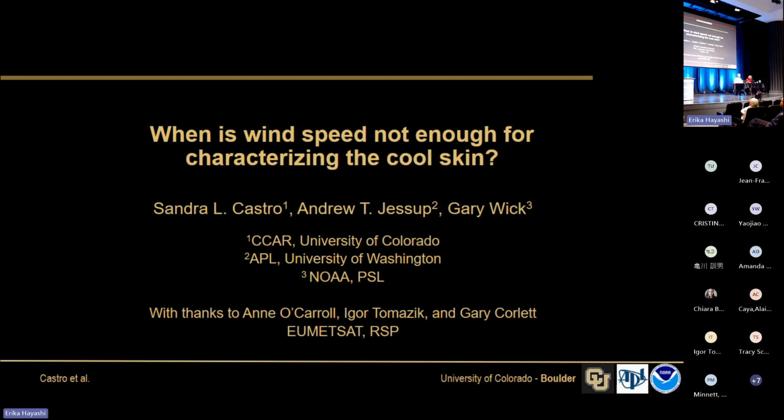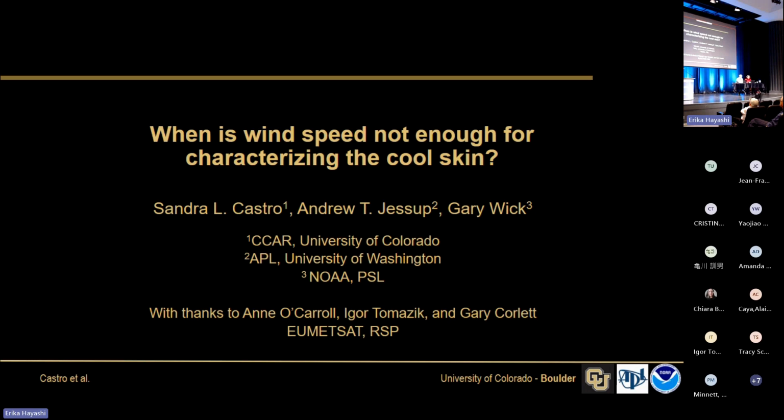Okay, as the title of this presentation suggests, I'm just going to show you some examples of measurements of the cool skin that we obtained, or we've seen popping up more often lately, that are not in agreement with predictions of delta T from parameterized dependencies based on the wind speed alone.